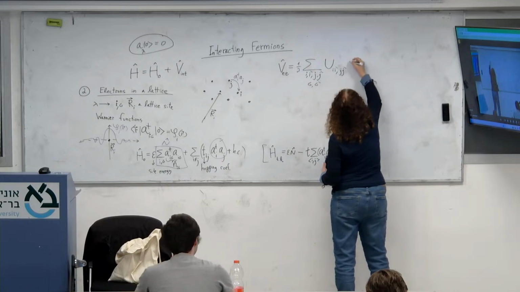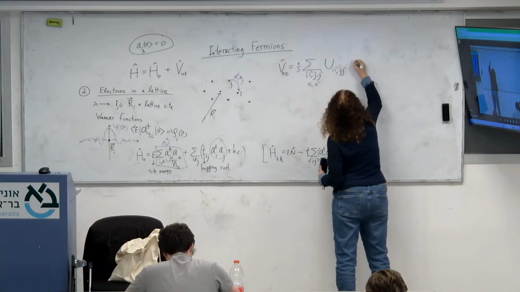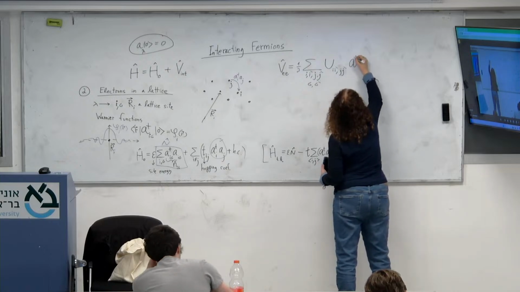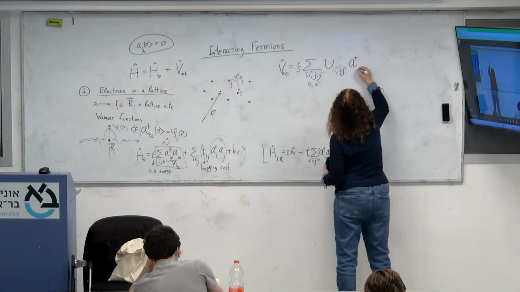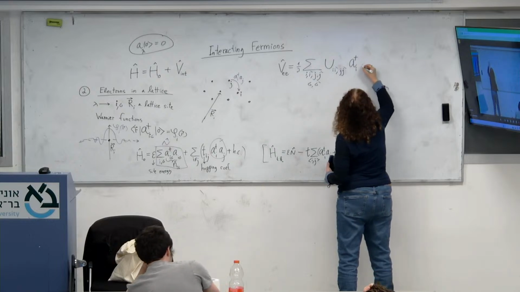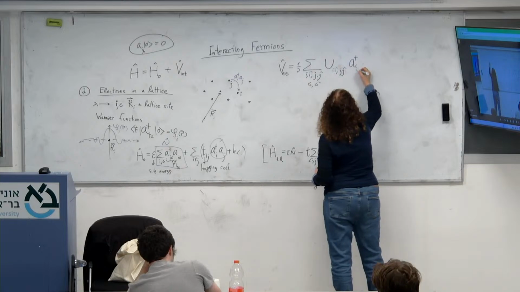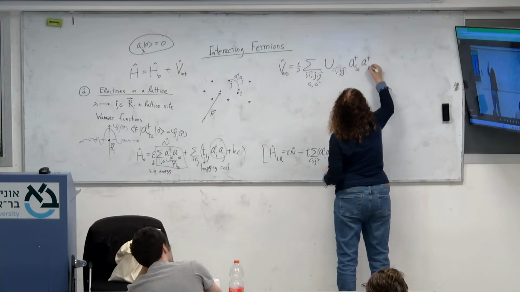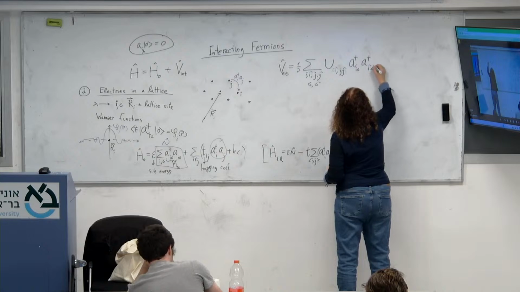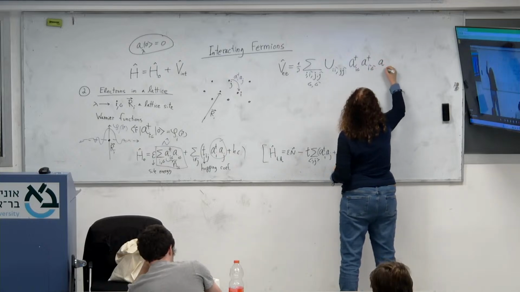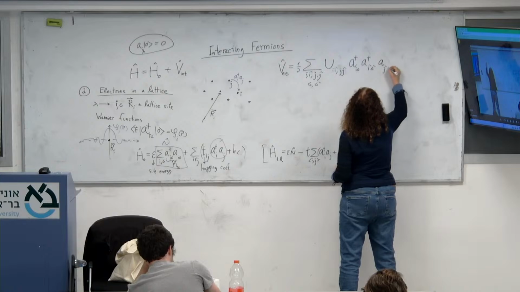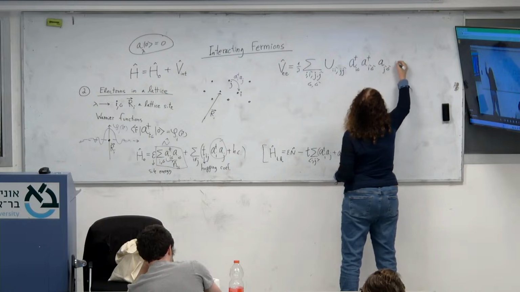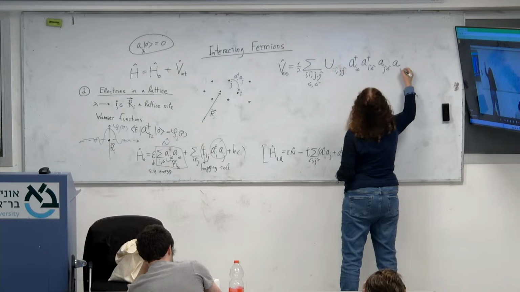I'll define it soon. And now I have a† of i sigma, a† of i prime sigma prime, a of j prime sigma prime, a of... what did I do?